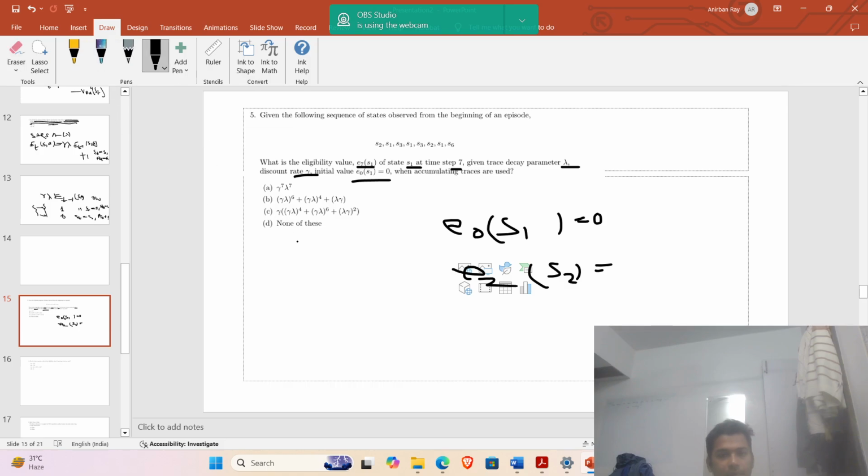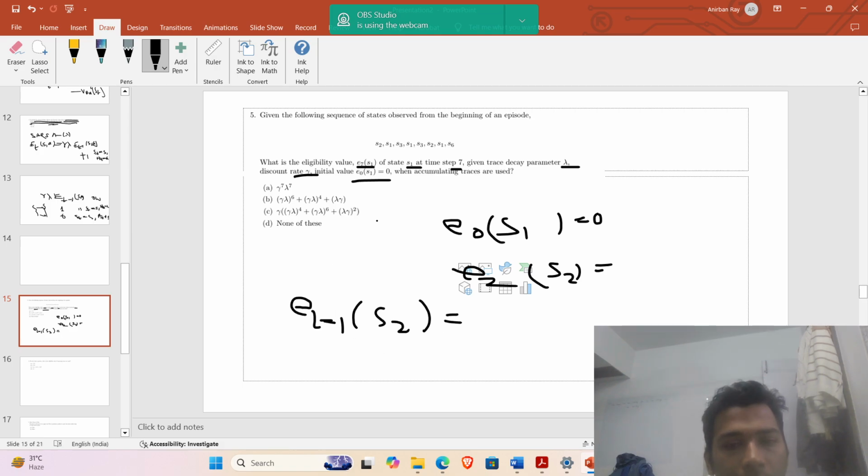Next at t equals 1, E1, and this state becomes S2.